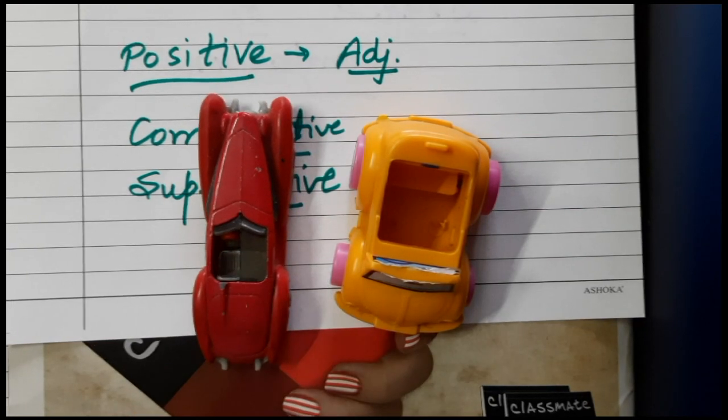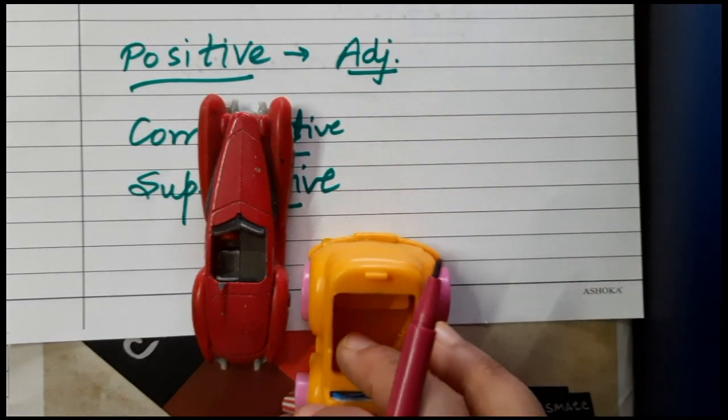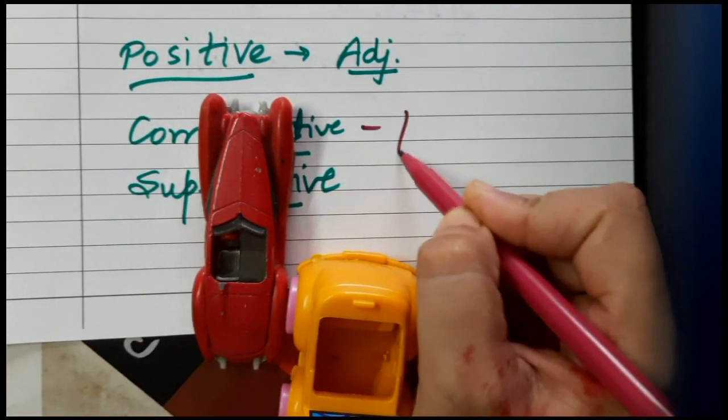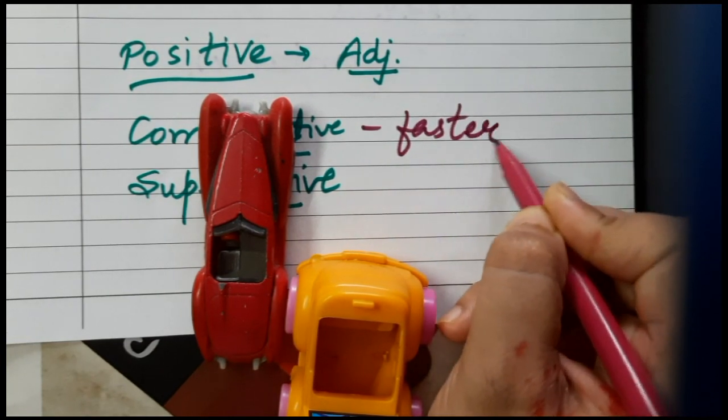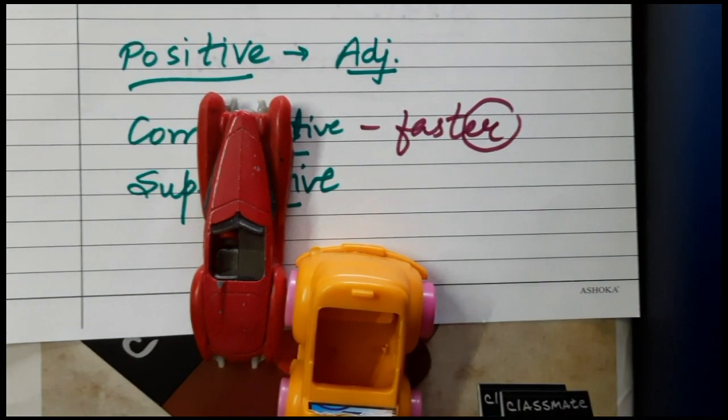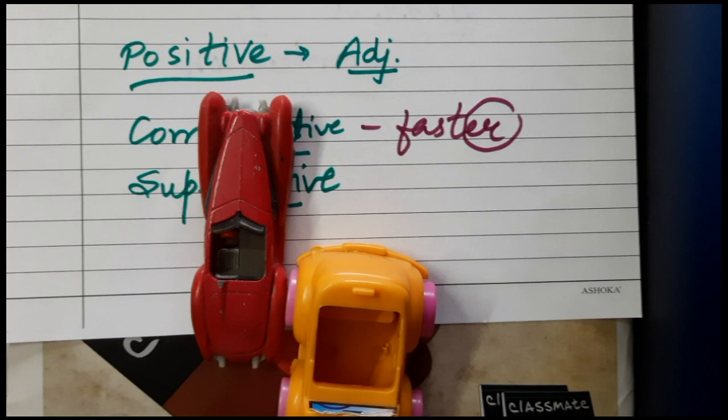Now I will not say which is fast. That will be wrong. I will say which of these two cars is faster. Okay. So which word am I using? I am using the word faster. So I have added these two alphabets to my word fast. So faster becomes my comparative degree of adjective.